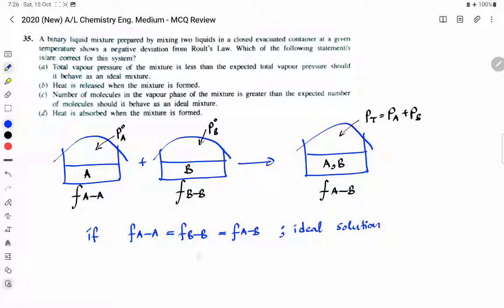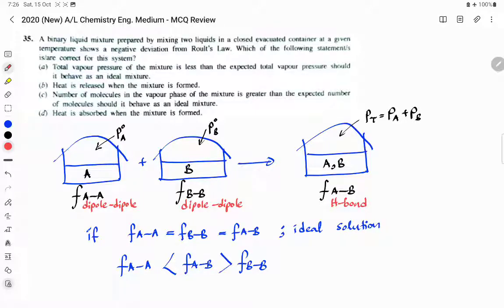Now a negative deviation is formed when the newly formed interaction is stronger than in the pure liquids. So the AB intermolecular force is greater than both AA and BB. I hope you can understand this. For example, let's say the pure liquids have dipole-dipole interactions, but when they are mixed, they form a hydrogen bond.